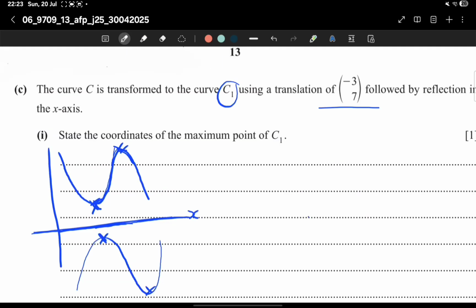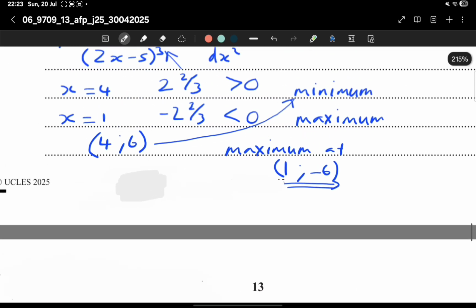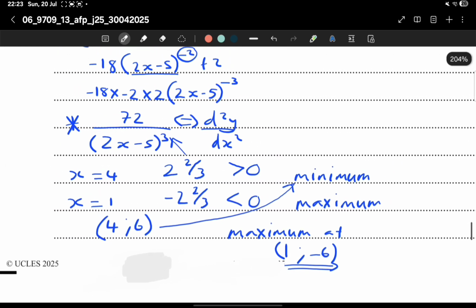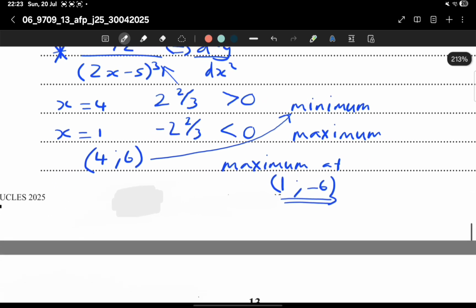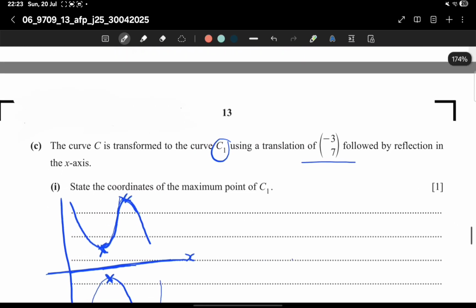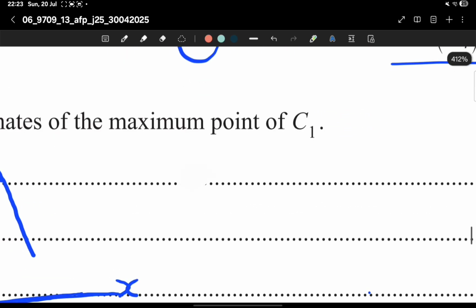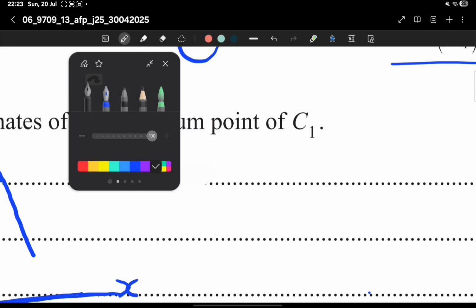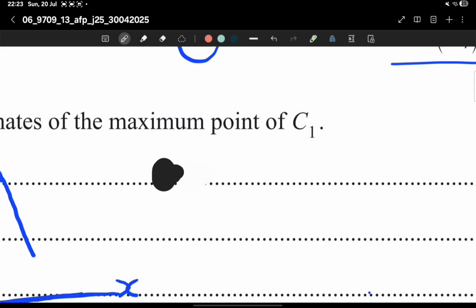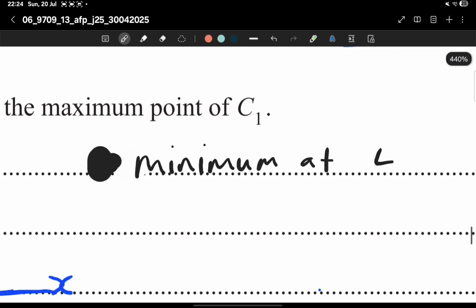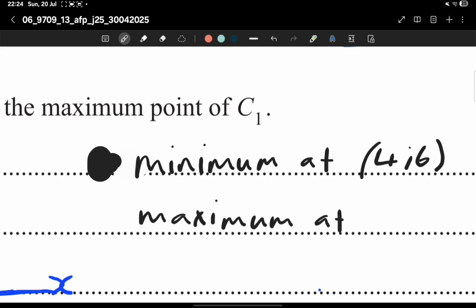So since we know that the original curve is a maximum at 1, minus 6 and a minimum at 4, 6, if I'm not mistaken, yes, it's minimum at 4, 6 and maximum at 1, minus 6.